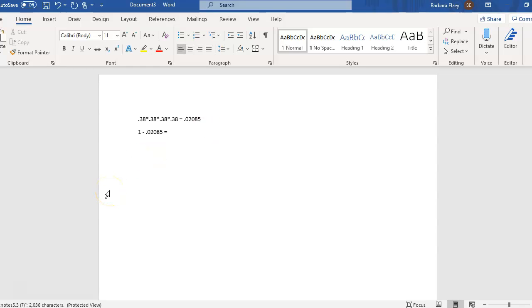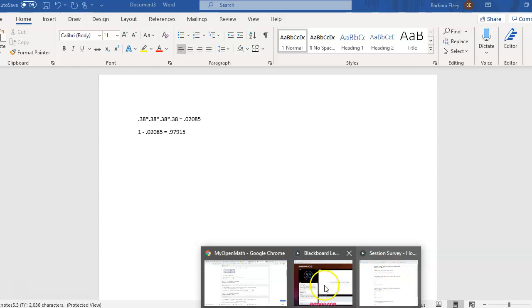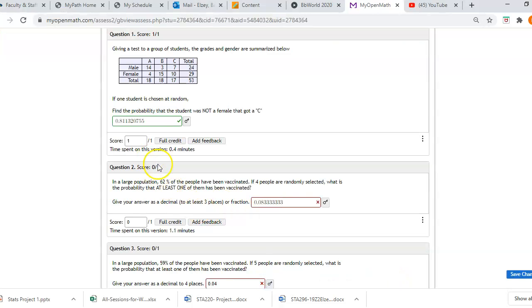And we get 0.97915. Oops, except I can't type. 0.97915. There we go. And then, of course, we want to round this to whatever the question asked for back here, 3 decimal places. And it said at least 3 decimal places, so we could give it more, the whole thing.